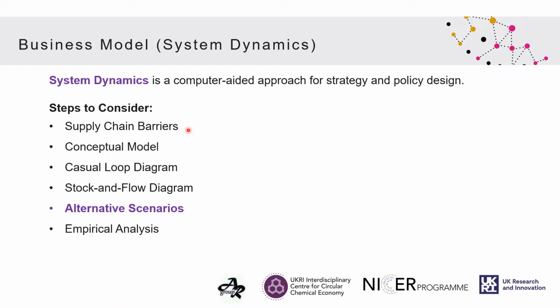Obviously, we need the supply chain because we need to distribute and produce the product. And we will have this stock and flow diagram. And then we need to provide different scenarios. In system dynamics, we provide a different scenario and we analyze the effect of that particular scenario on our business model.